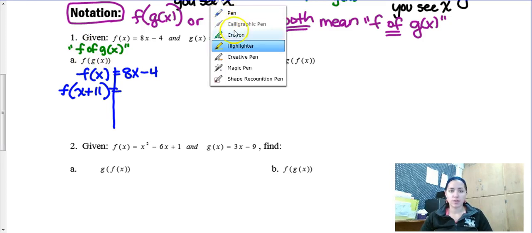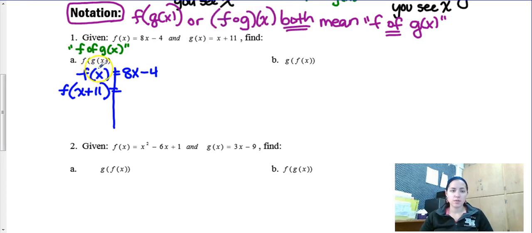Maybe I'll use a yellow marker, just so you can understand where I got that. G of x is what I'm plugging in. G of x is x plus 11. So now this notation tells me wherever I see x, I am plugging in x plus 11.